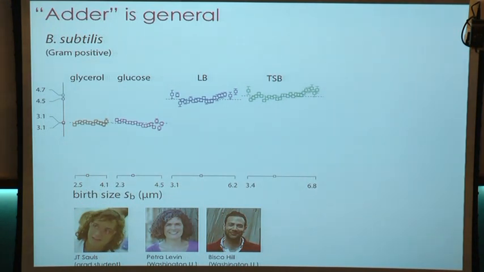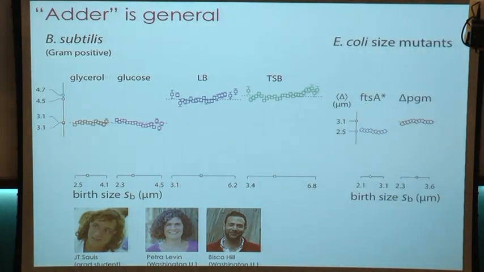How about the size mutants? If you look at the history of cell cycle study and development, the key was studying mutants. So we looked at the size mutants as well. For example, this particular mutant is FtsA, which has to do with a defect in cell division. Although the size between birth and division differs numerically, the constancy is still there.